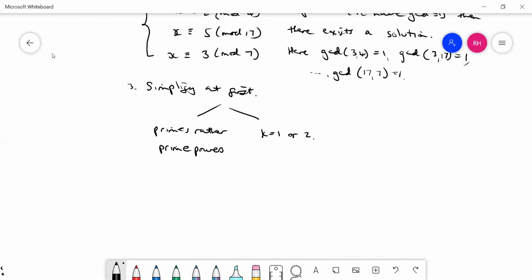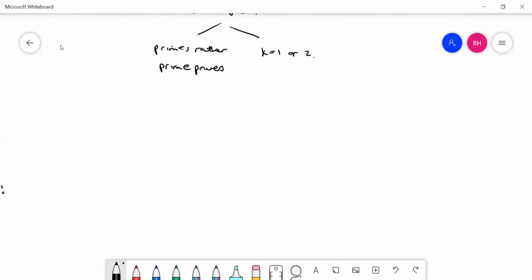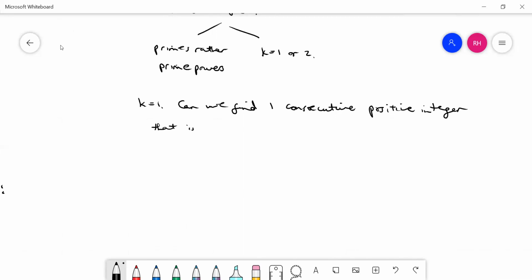So let's try k equals 1. This is just saying, can we find one consecutive positive integer, so just a single positive integer in this case, that is not a prime power?